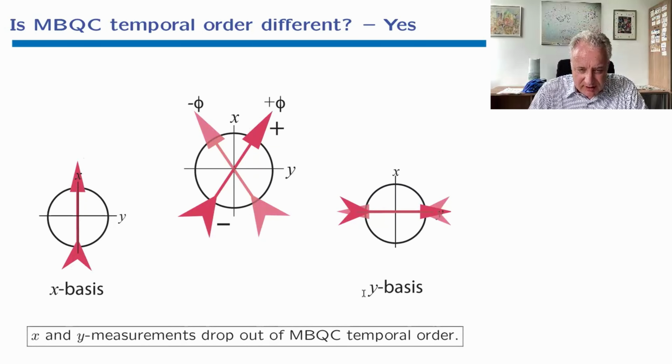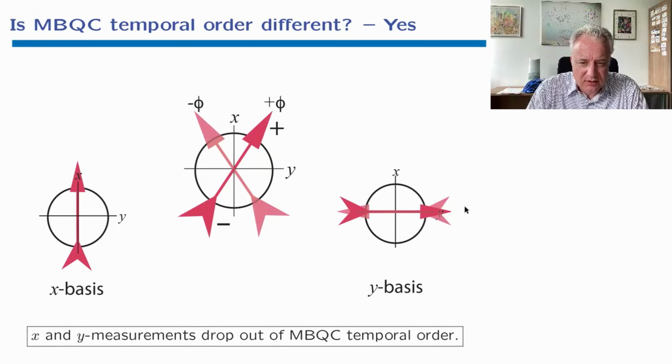Now for the y basis, it is slightly more complicated. Under the x flip, the two eigenstates are interchanged, but the basis of eigenstates remains the same. So physics-wise, there's nothing to adjust in such a measurement. It's always a measurement in the y basis. And so again, the y basis drops out of the temporal order.